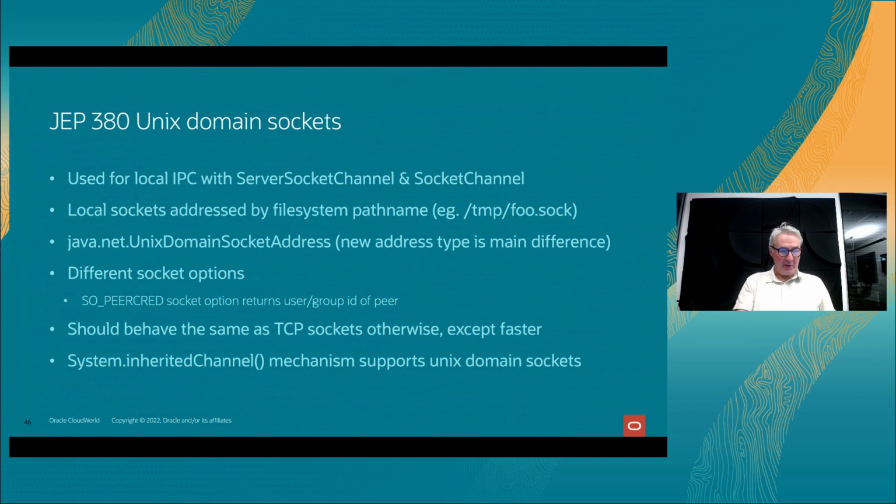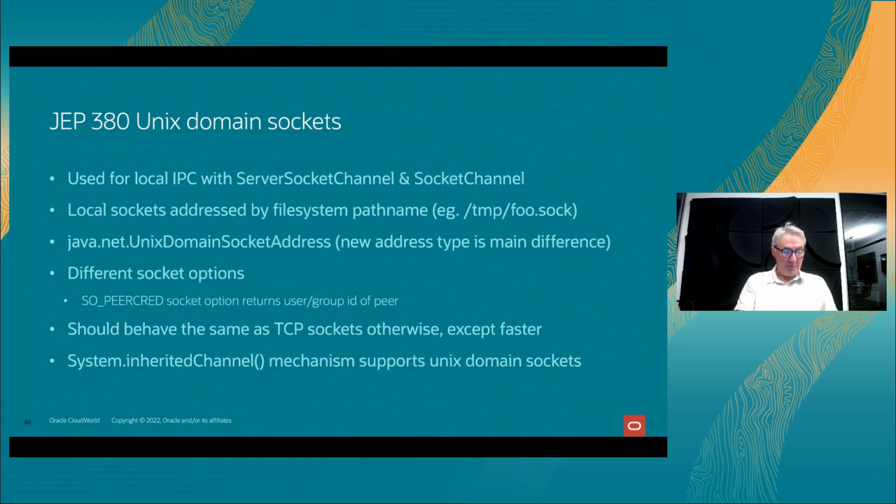So we had to define a new socket address type to encapsulate that type of address, and that's called java.net.UnixDomainSocketAddress. And that is the main difference, the main addition to the API that captures the difference between Unix domain sockets and existing TCP/IP sockets.